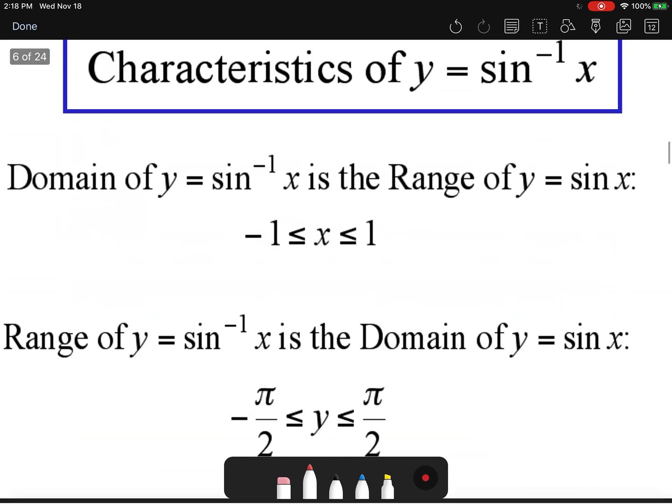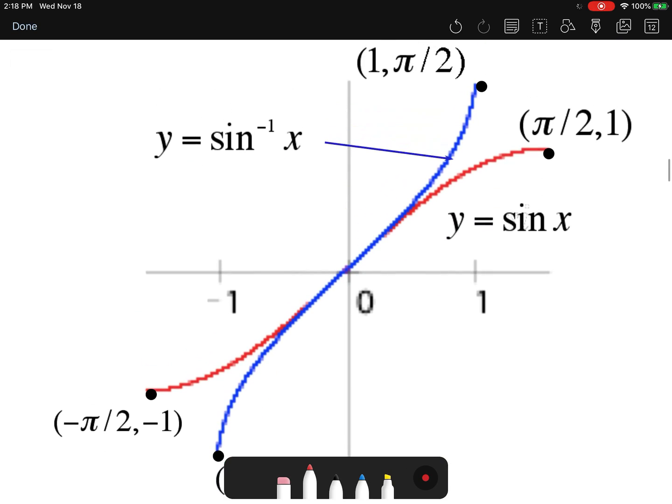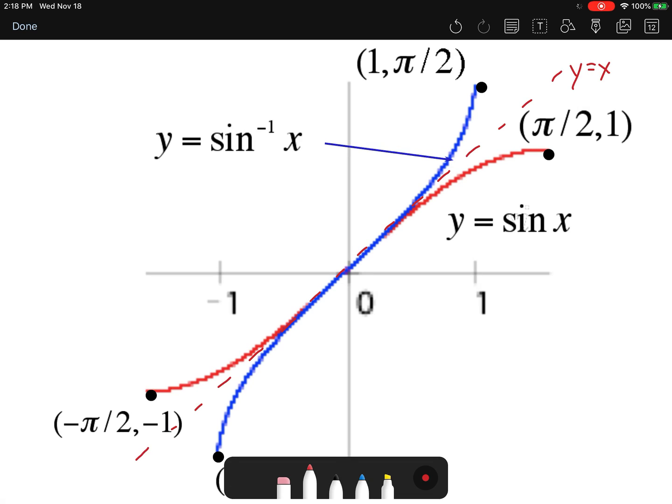The inverse function would look like this, the red one. You see how, remember on an inverse, if you graph the y equals x line, they have to be mirrored or reflected on that line? Well, we couldn't do it if we used the entire sine function. So now we're going to only look at it from negative pi over 2 to positive pi over 2.